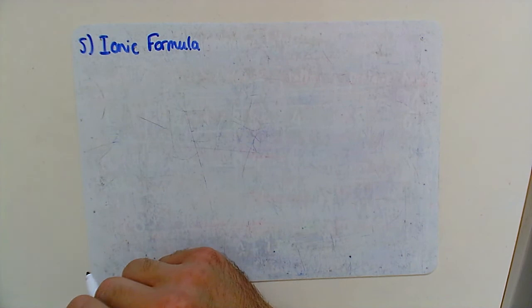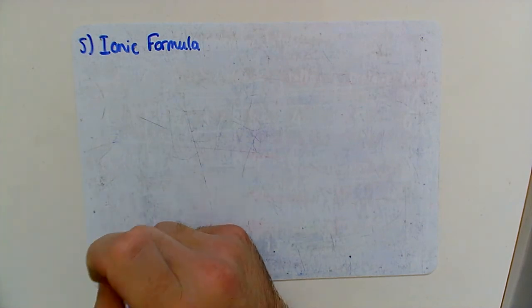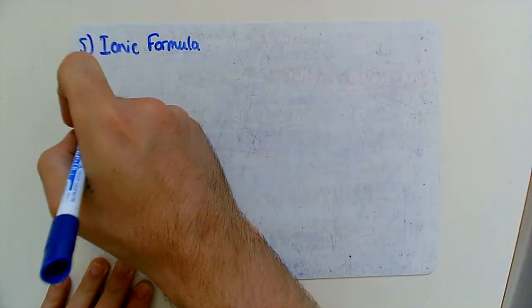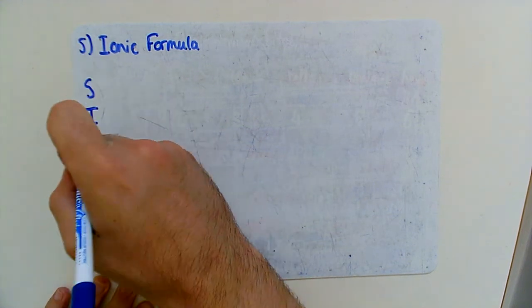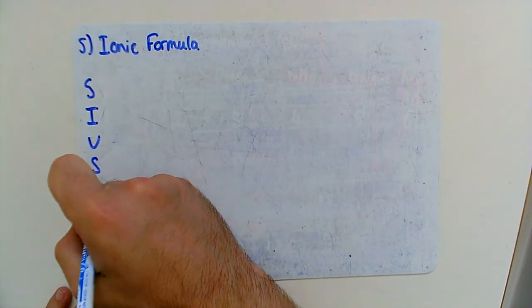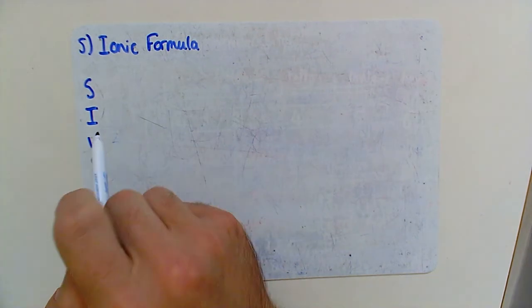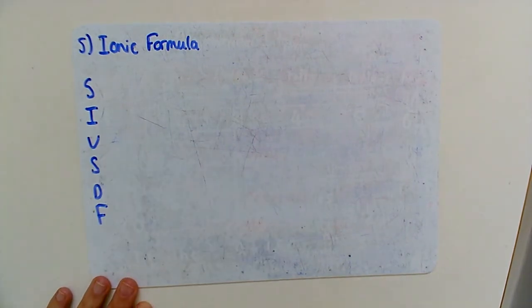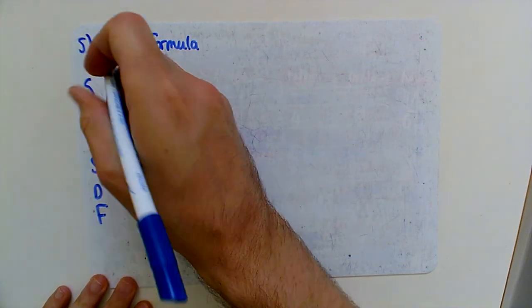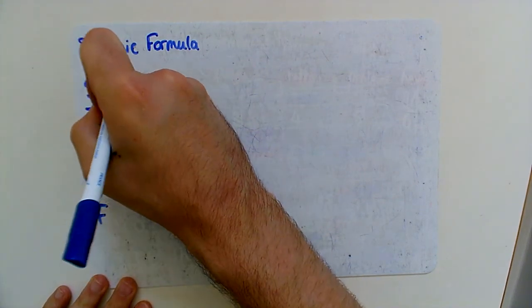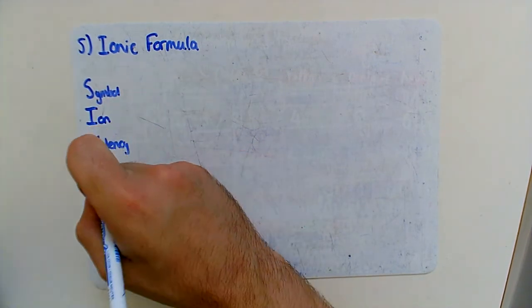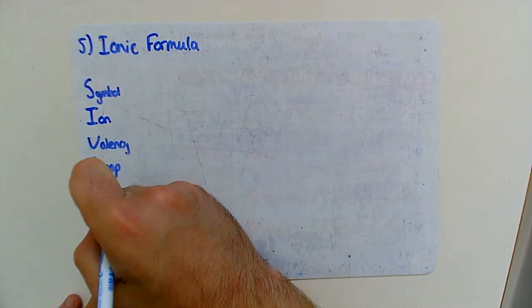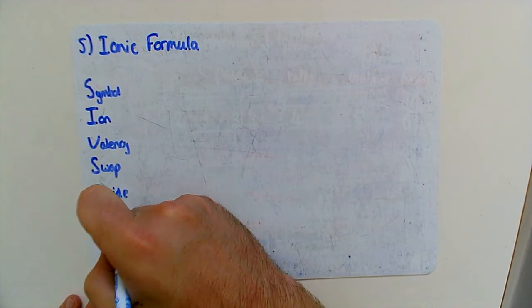And whenever I'm doing this, what I do is I change it to S, I, V, S, D, F. And I just stands for ion. So this stands for ion and its symbol, ion valency, swap, divide, formula.